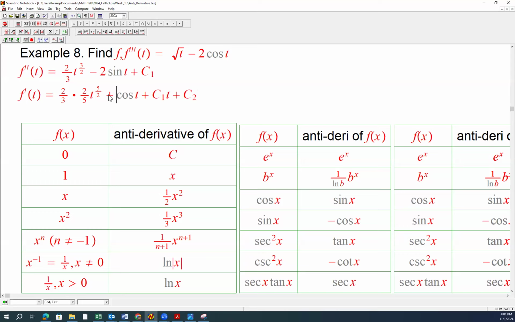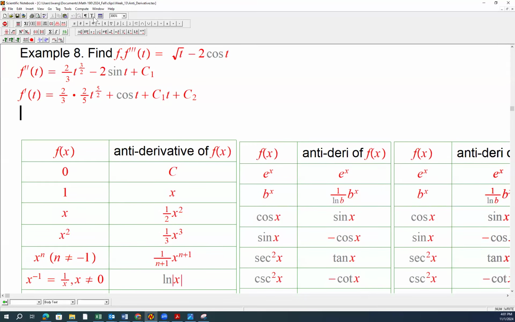And finally, f. F of t is equal to, well, we could have simplified here, and if you don't simplify, it's all right. We just keep these two constants.